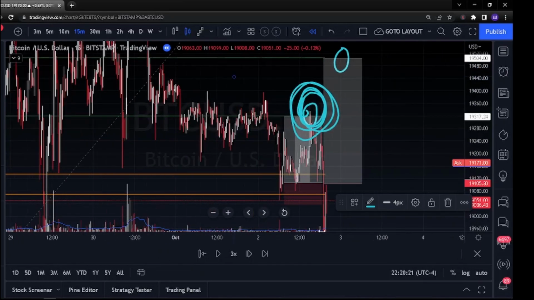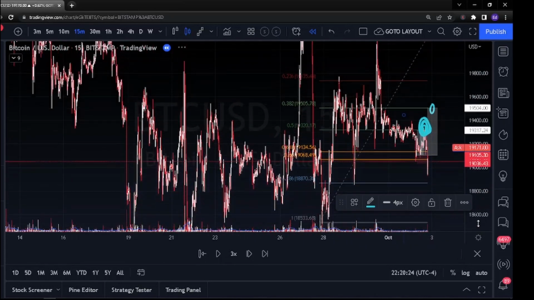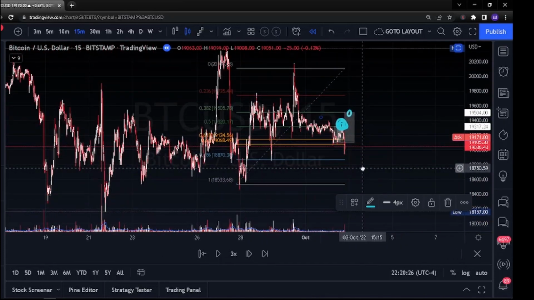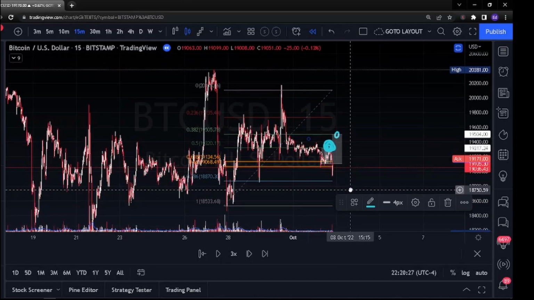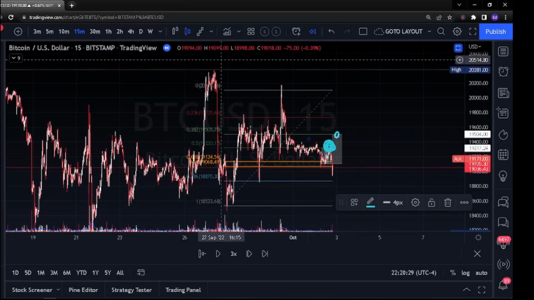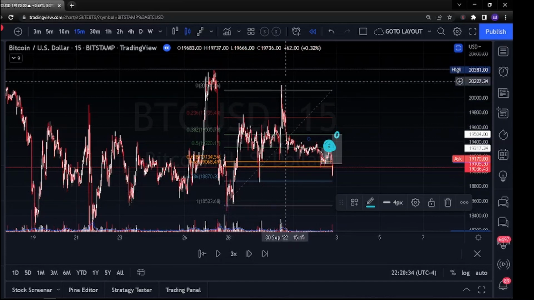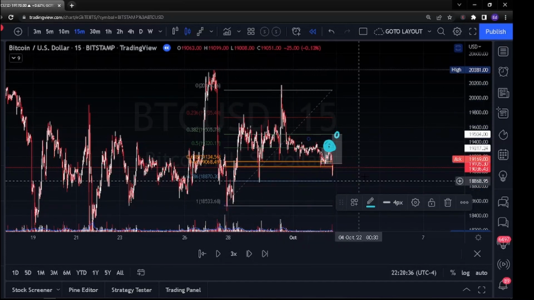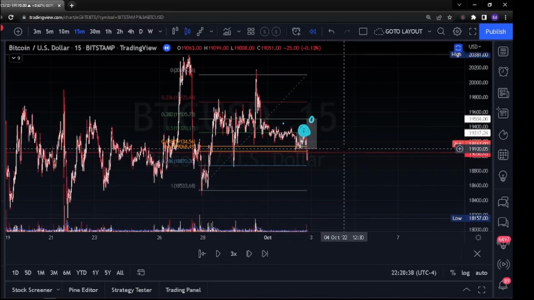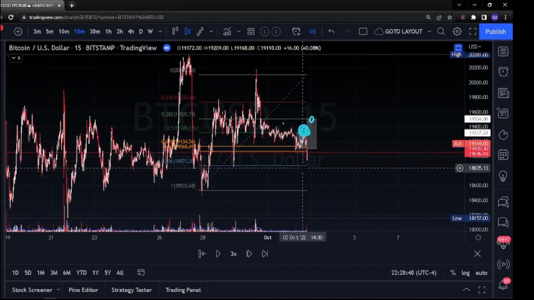We noticed that earlier. Higher high, lower low, lower high, and now we can expect a lower low, right? So this is why we don't want to be stuck in a bad trade over there.